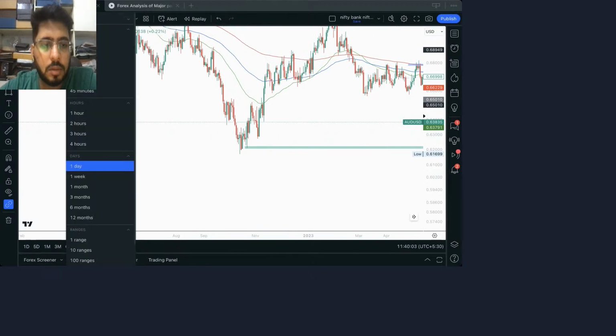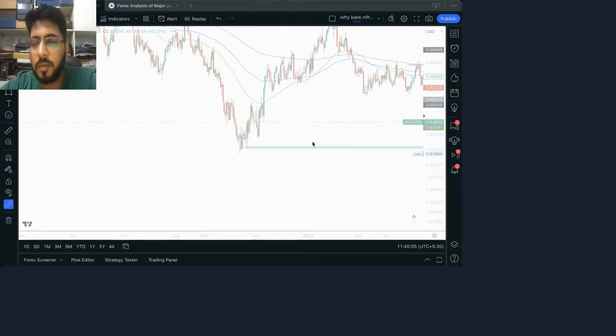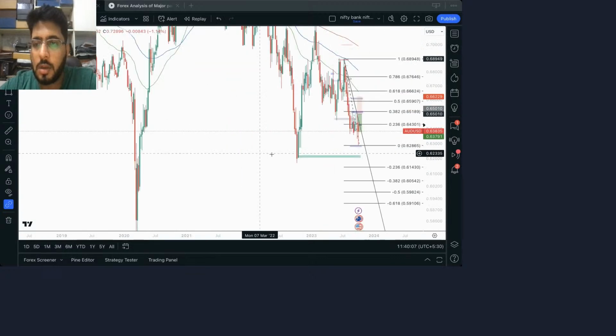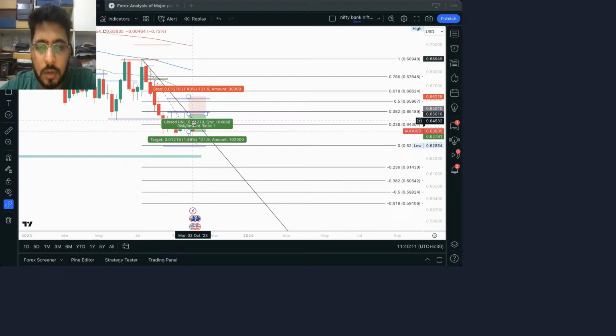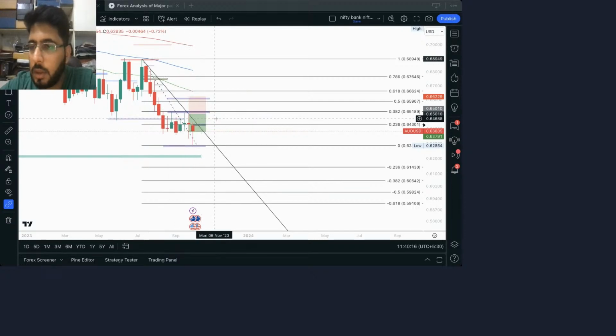Let's see on weekly time frame. So on weekly time frame, this is a good zone of interest. See, this is also, I think, at 64,600, 64,700, in between 650 and 700.